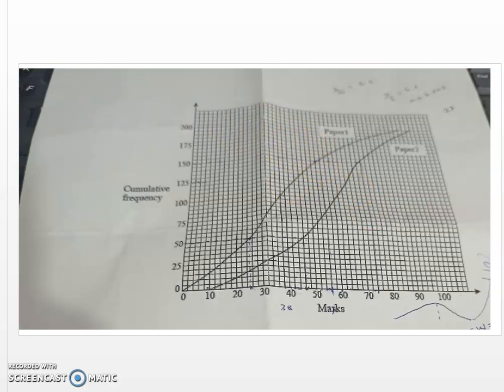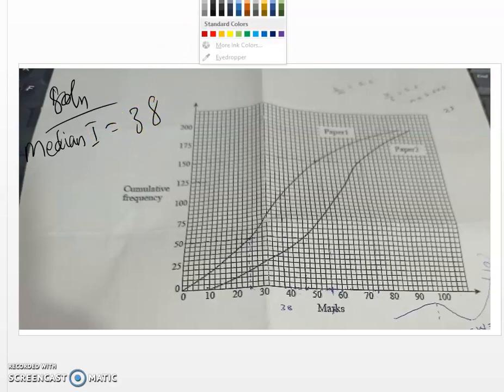So the first median for this graph will be median 1. Let's have a solution. Median 1 will be equal to 38 approximately, the estimate. So this will be 38.